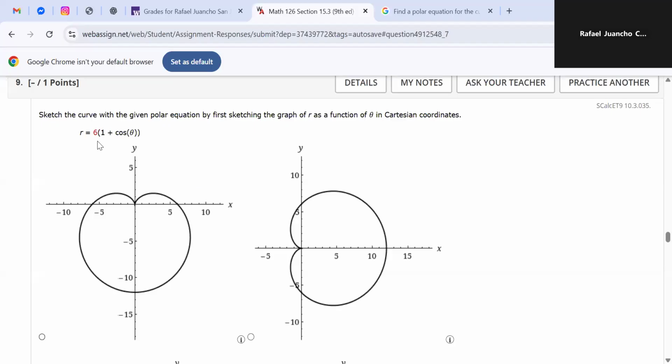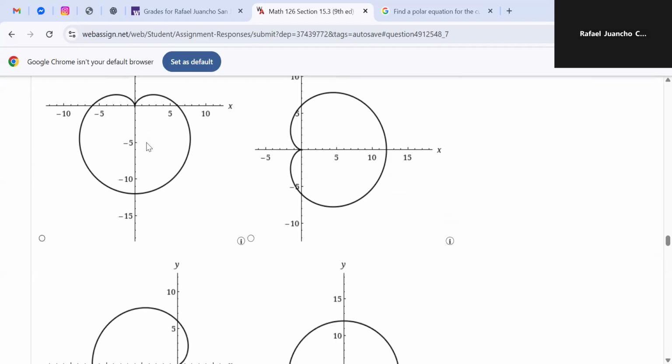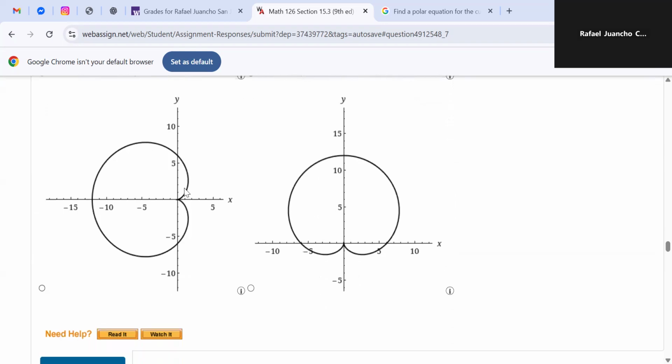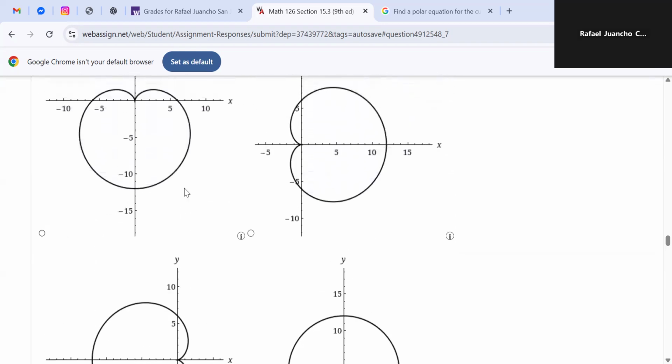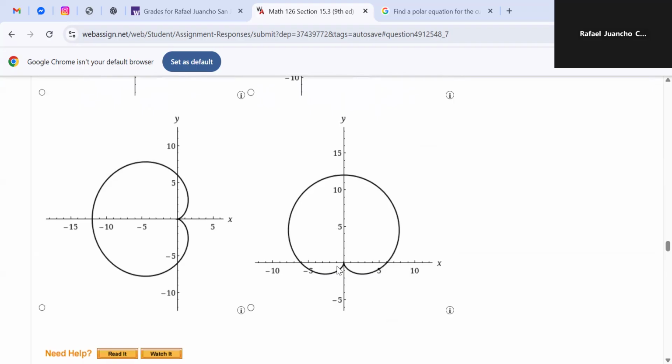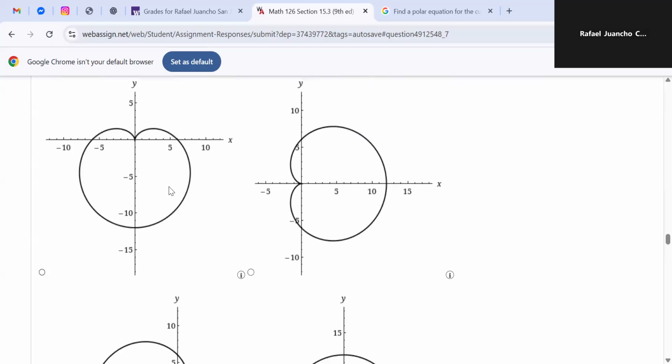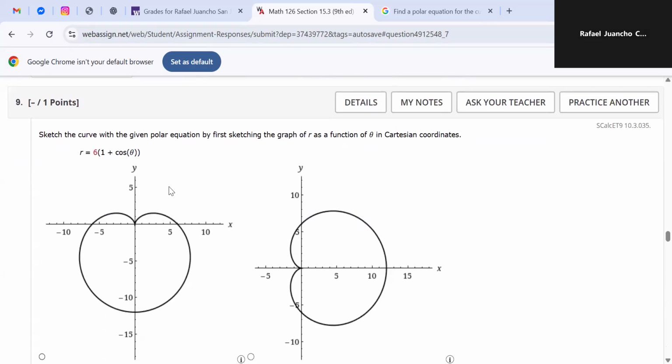So if we're given r equals 6 times 1 plus cosine theta, that means my radius is that thing. Okay, looks like a heart. I can't really tell. I think I have to go back to my writing thing.